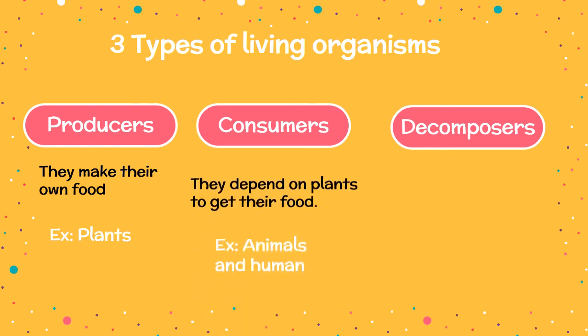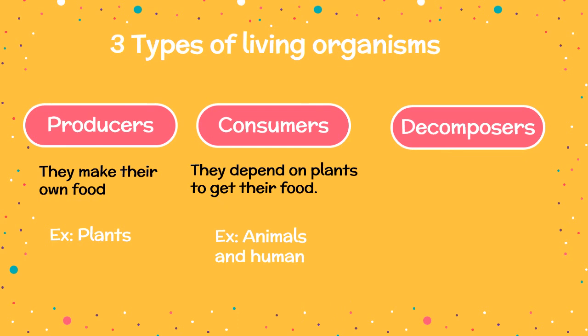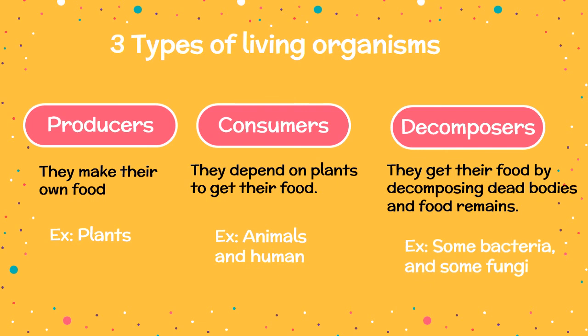Consumers, they are living organisms that depend on plants or producers to get their food, as animals and human. Decomposers, they are living organisms that get their food by decomposing dead bodies and food remains, as some bacteria and some fungi as mushrooms.